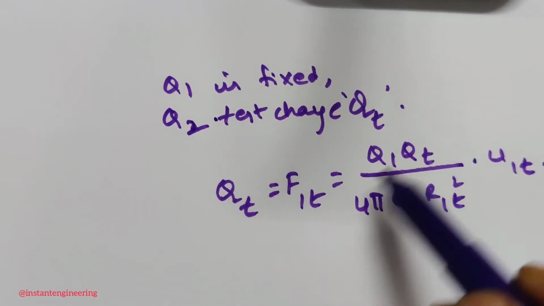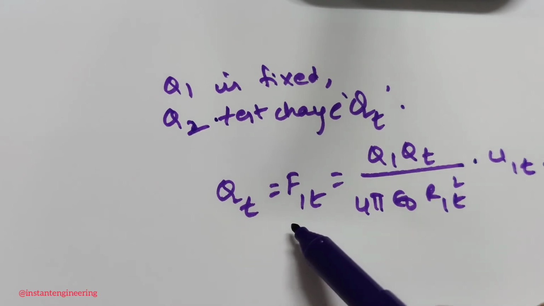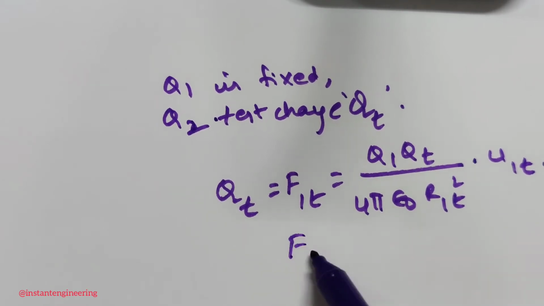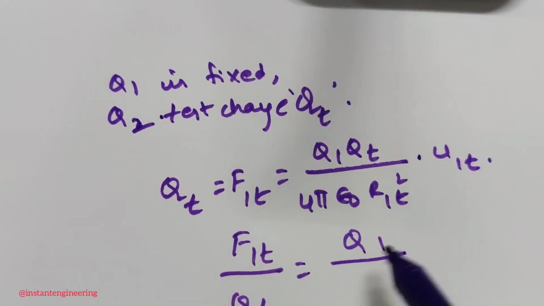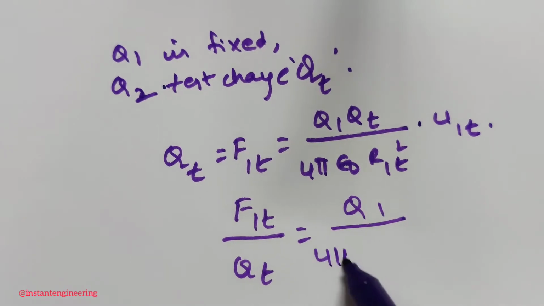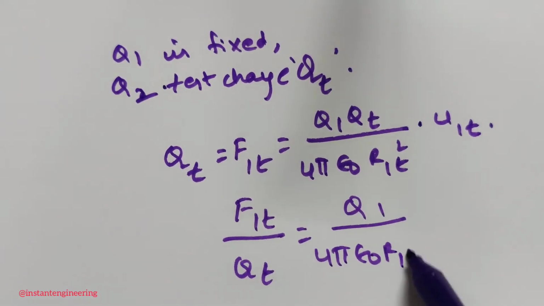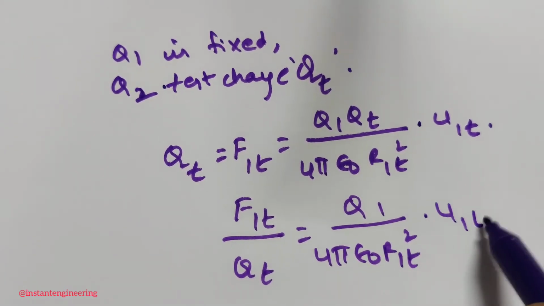If you take the test charge QT towards the force, it will be F1T divided by QT, okay, is equal to Q1 by 4 pi epsilon naught R1T square into u1t.